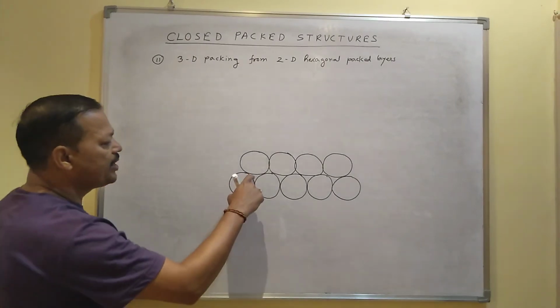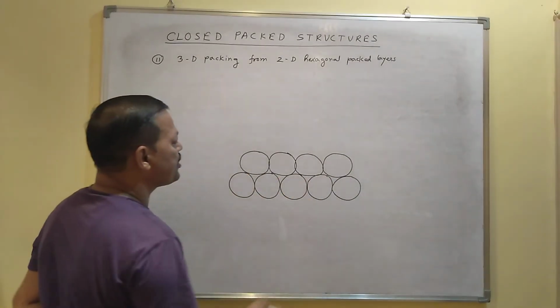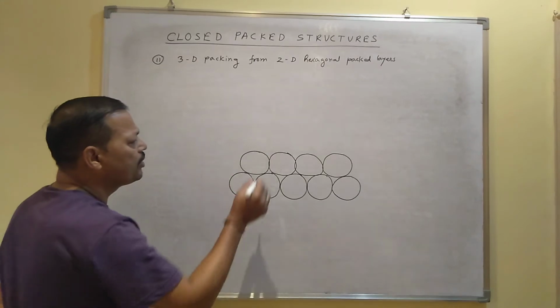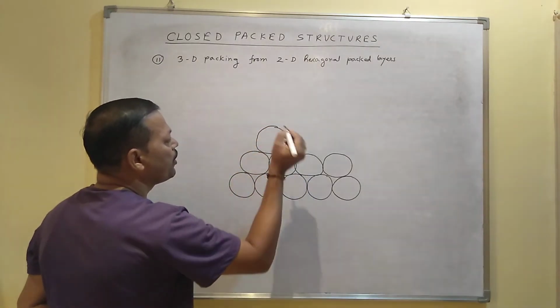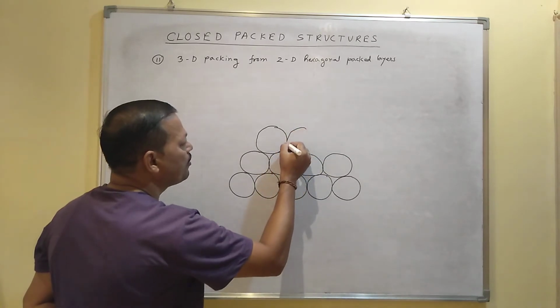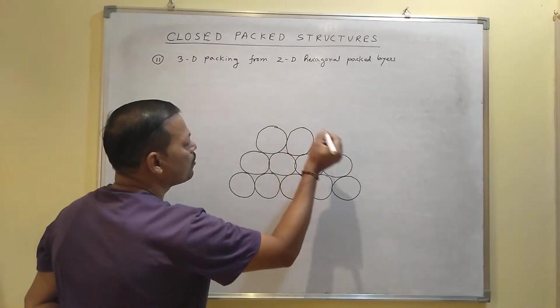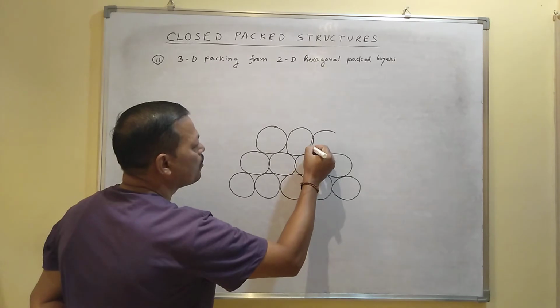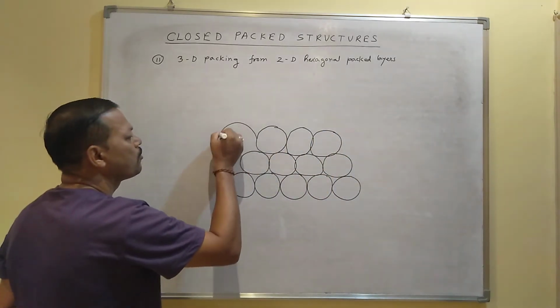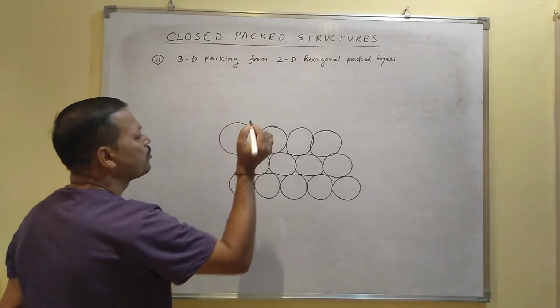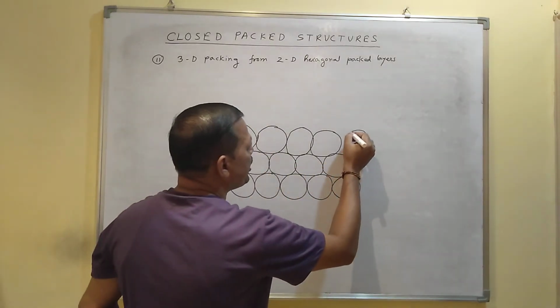We place the second layer particles in the depressions of the first layer. Similarly, if you place the third layer in the depression of the second layer, then you will get this type of arrangement.